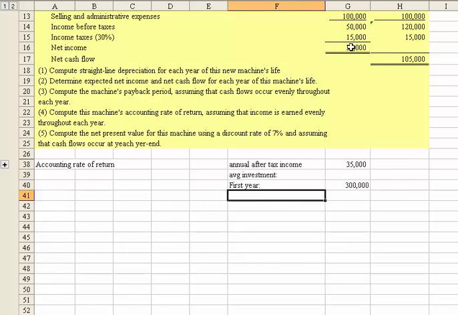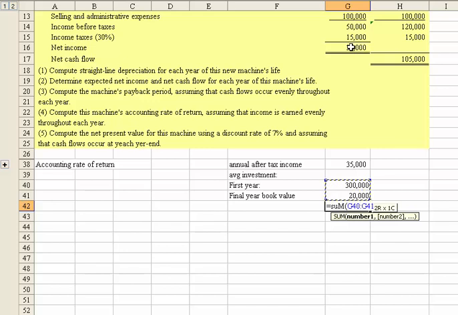And in the final year, the book value would only be $20,000, because it would be depreciated down to the ending salvage value. Okay, I'll enter it this way, and I'll just sum those.